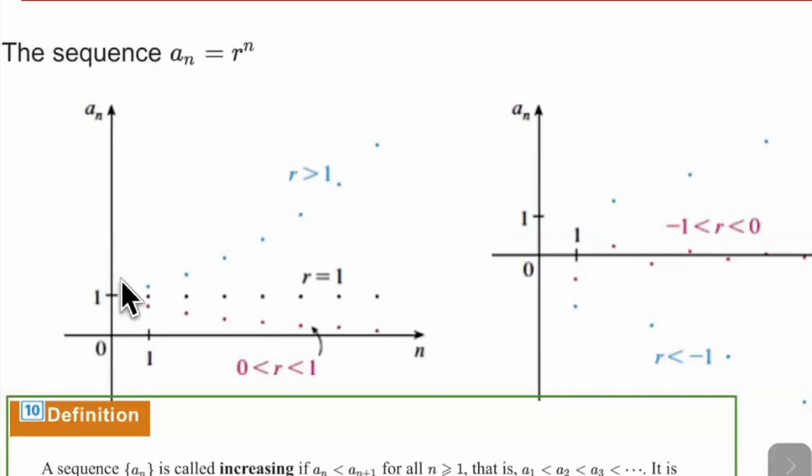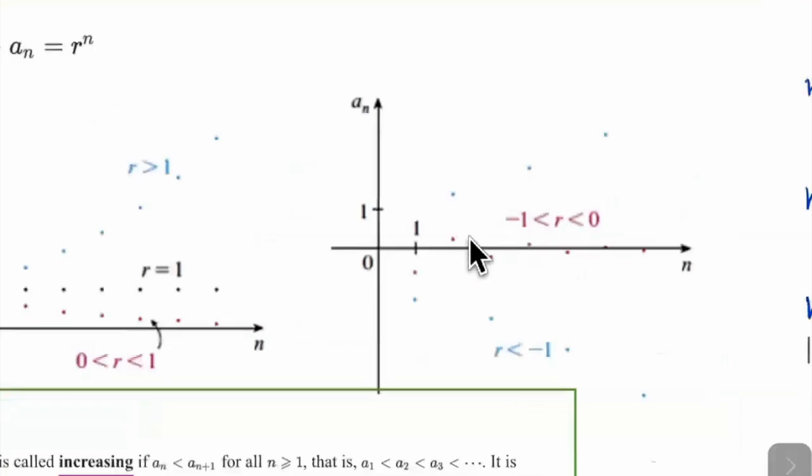When r is greater than 1, if you say 1.1 times 1.1, it keeps getting bigger and bigger and goes to infinity. And you see over here, when r is between negative 1 and 1, it goes sometimes positive, sometimes negative, but you can see that it's getting closer and closer to 0.